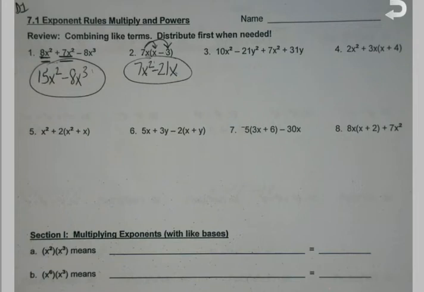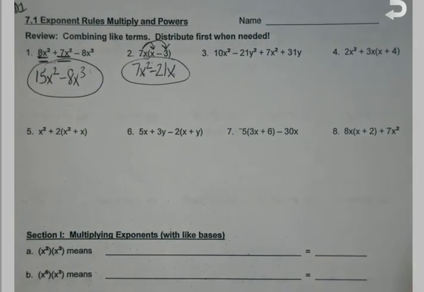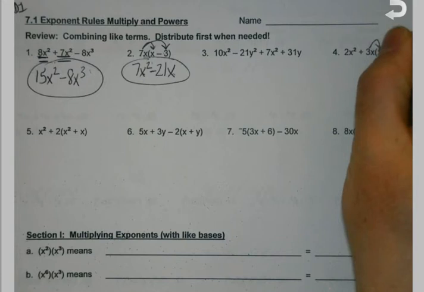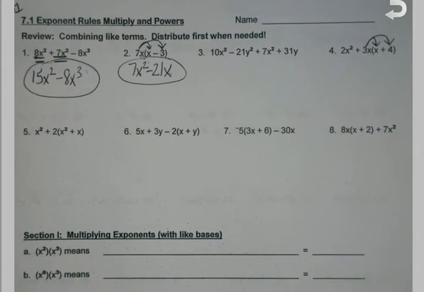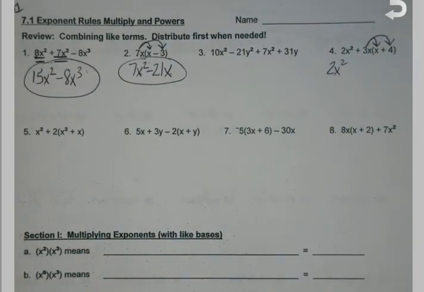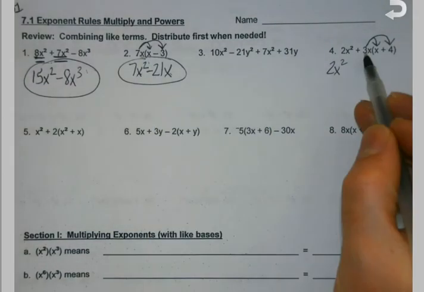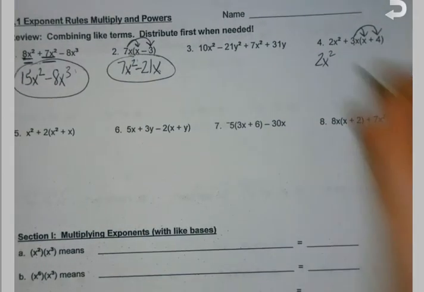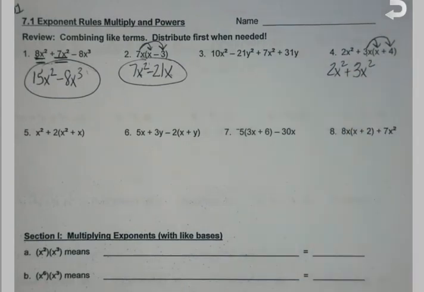Let's find another one that's kind of like that. Let's jump over to 4. Again, we only distribute to what's right after the parentheses, so I'm not going to do anything to 2x squared yet. But then we get into a situation sort of like we did over here. 3x times x is 3x squared.